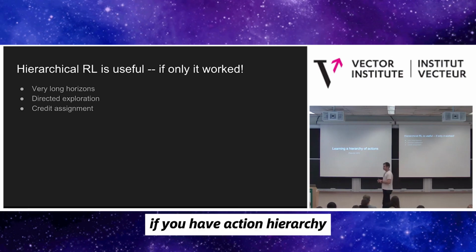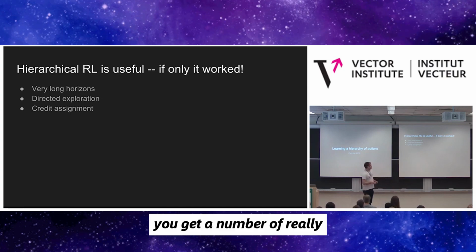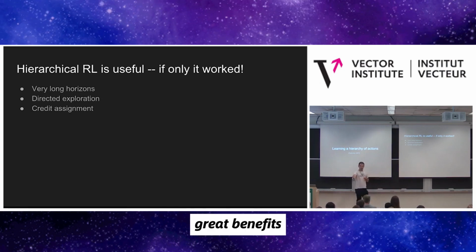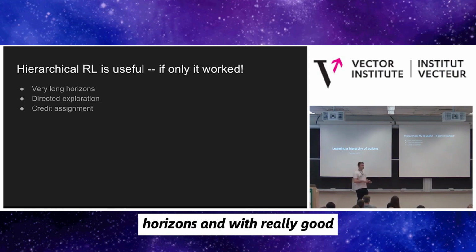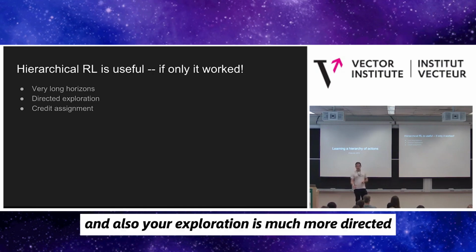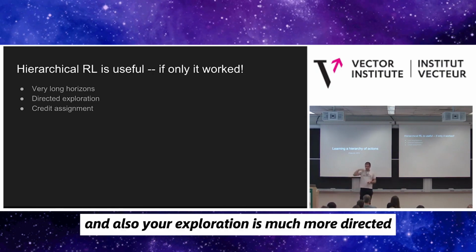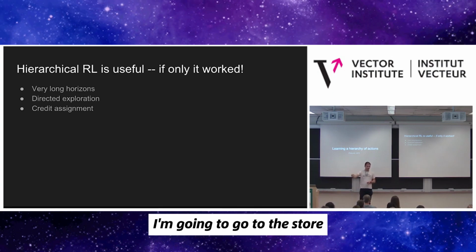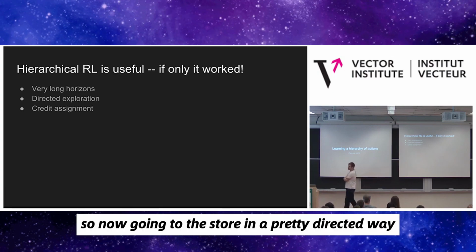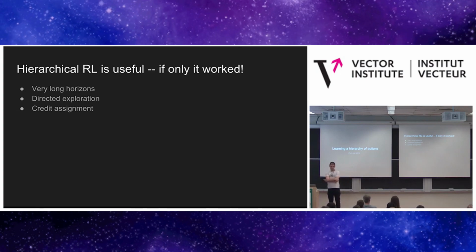If you have an action hierarchy, you get a number of really great benefits. You get the ability to deal with very long time horizons and with really good credit assignment. And also your exploration is much more directed, because when you say, I'm going to choose a high-level action, I'm going to go to the store, now you're going to the store in a pretty directed way.